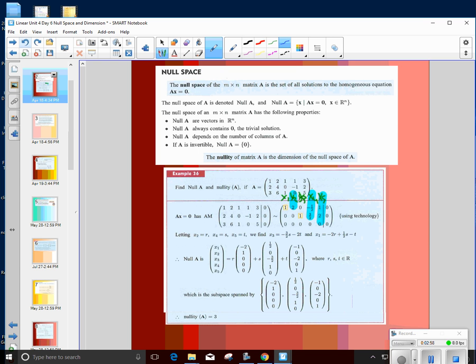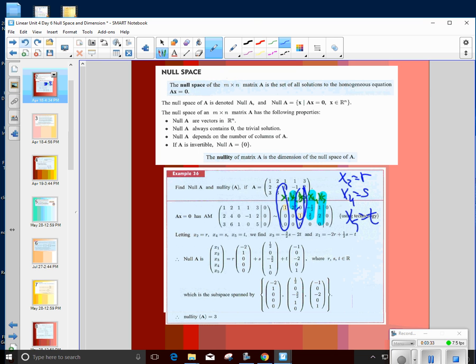So, for example, here they called x2 equals r, x4 equals s, and x5 equals t, because they don't have the leading ones.